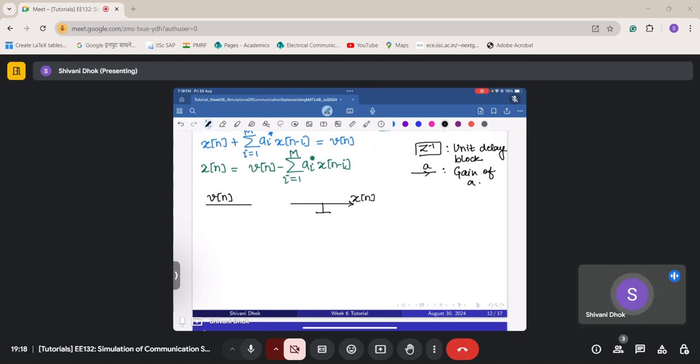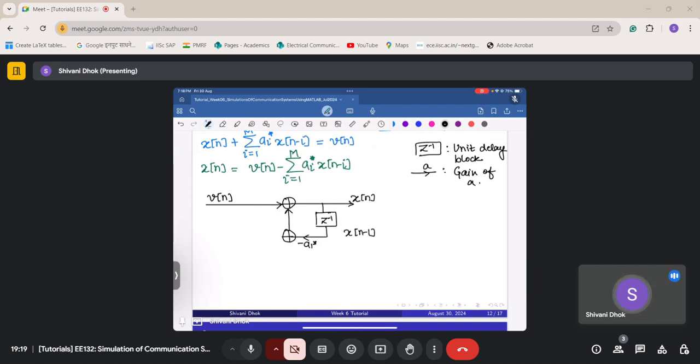Now this thing is passed through a delay block. This will give me x of n minus 1, and x of n minus 1 is multiplied by minus a1 conjugate. And then this gets added to your v of n. So what I have now is v of n minus a1 conjugate x of n minus 1.